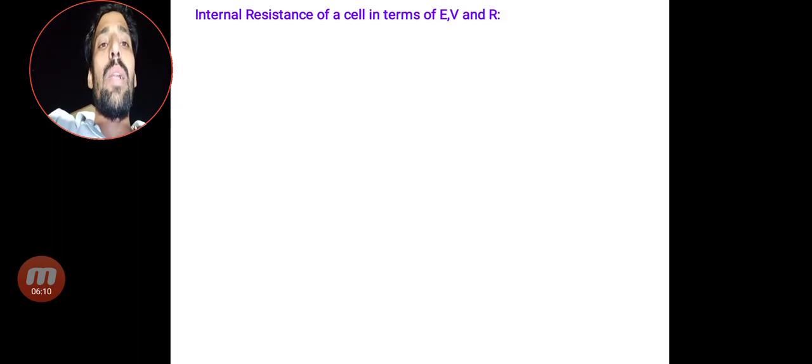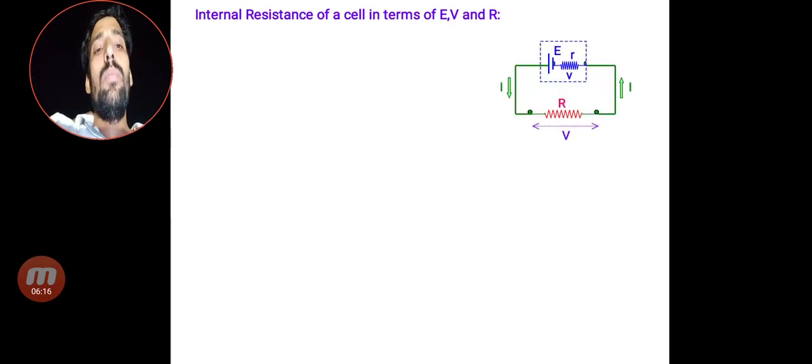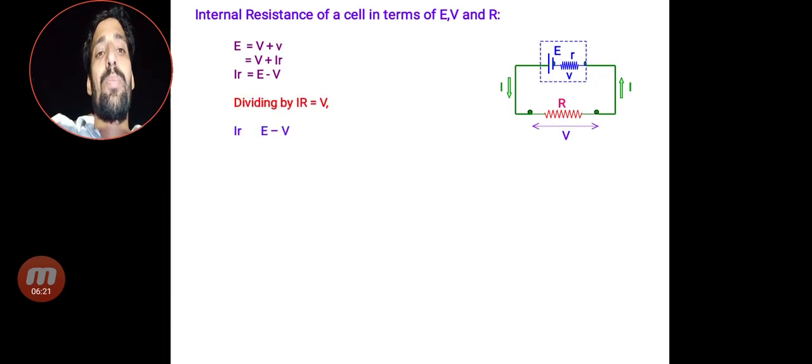Now, internal resistance of the cell in terms of E, V and capital R. As we know, EMF equals the potential drop on the external resistor plus the potential drop on the internal resistance.